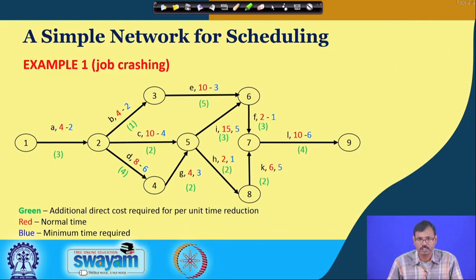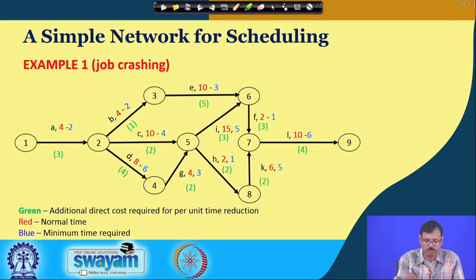By crashing or stretching the jobs, we can optimize the cost and we can deliver the job within a stipulated period, that is also possible in this critical path method analysis. So, let us go for the network analysis, where we will go for crashing the jobs up to a certain distance to identify which will be the optimum cost for that particular network.